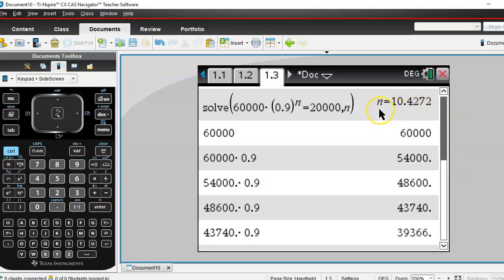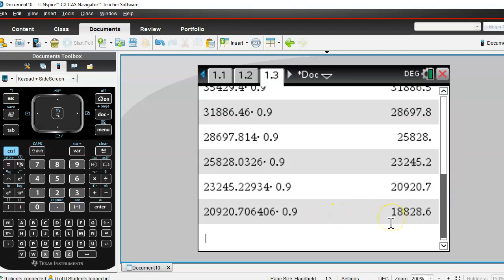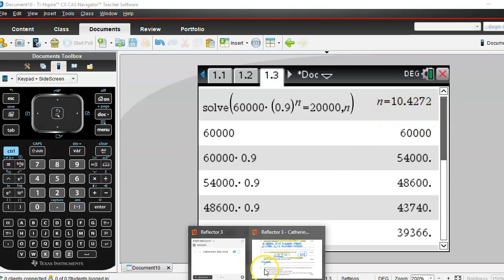Even though this said n equals 10.42, you go, oh, but I would round that to 10. It's like, well, no. At 10 years, it's not below 20,000 yet. It has to fall below 20,000. So that happens at 11 years. That's when we'd do that. Okay, you have to understand that.